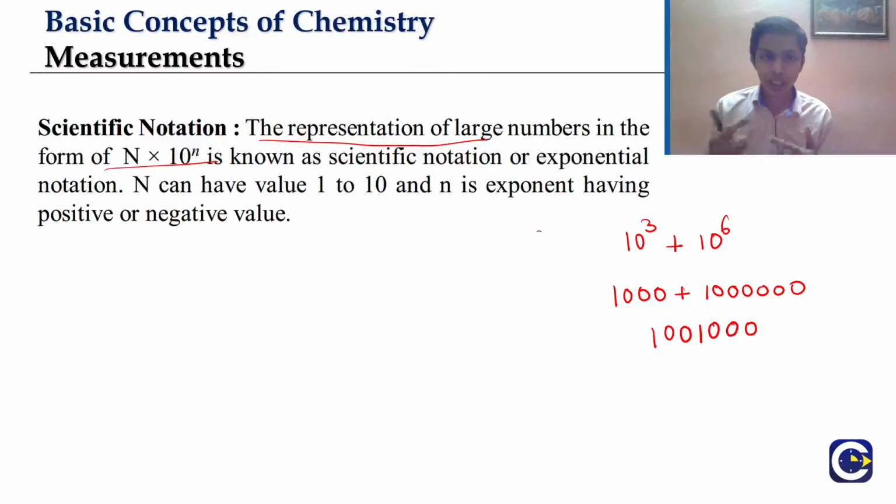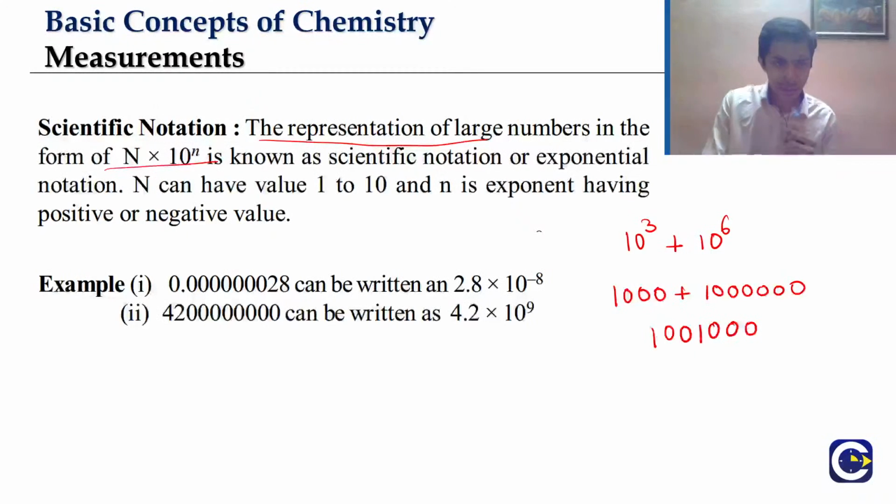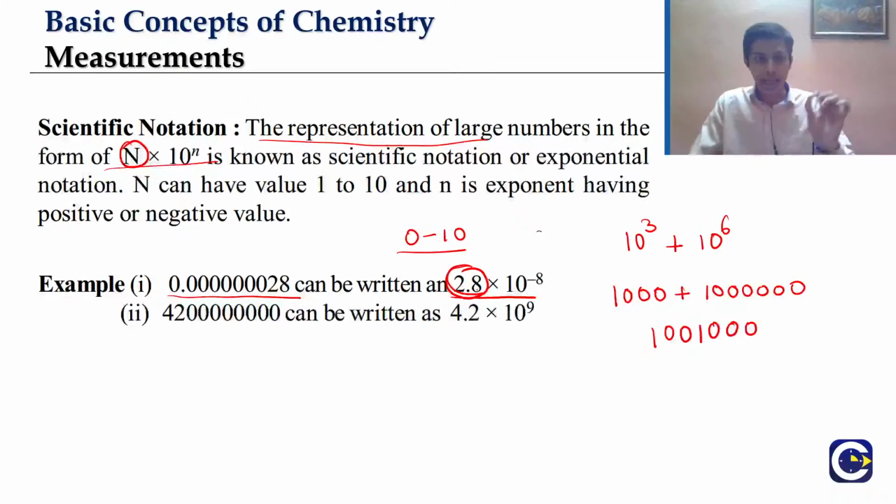But now I am going to tell you another way, that is scientific notation, in which all over the world people prefer writing it in a particular way, wherein we write it as capital N. For example, any number between 0 to 10 as n, and whatever remains into 10 power n.